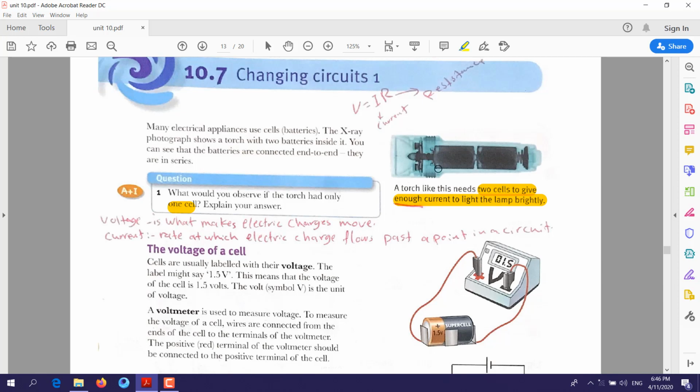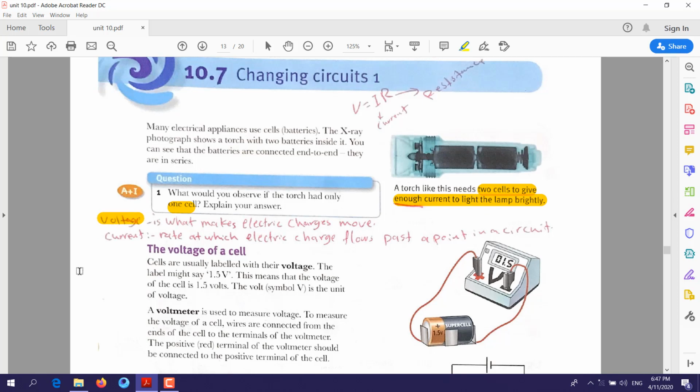Why? Because there will not be enough current to make the lamp light up. So, what does that mean? Voltage.